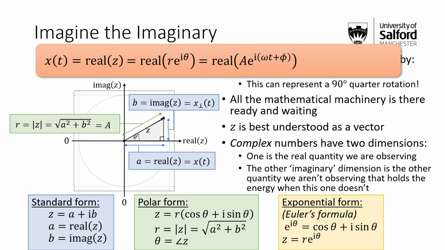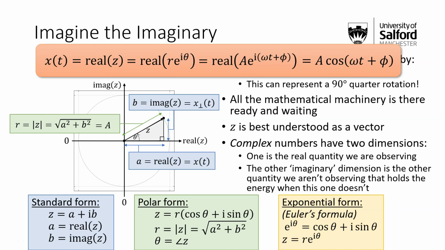But if you take the real part of that, e to the I times omega t plus phi, the real part of that is cos of omega t plus phi. So actually what you get out is the signals that we've been dealing with. So this kind of looks a bit inconvenient. We'll see in a minute that actually it's not, that it's actually really, really helpful. But these two things are equivalent insofar as you've just added an imaginary bit on for fun.